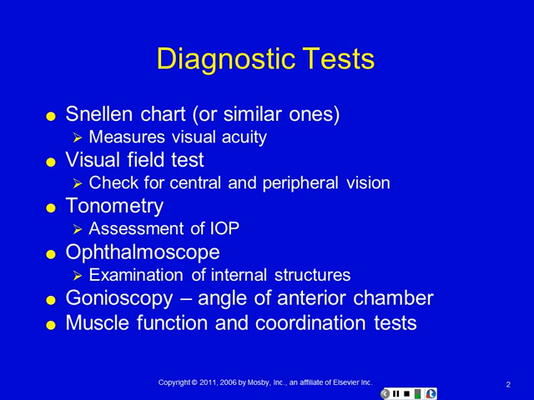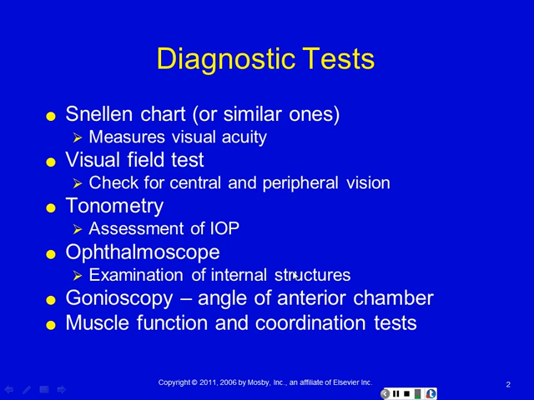We just can't see in a lot of detail off to the sides. Tonometry is everybody's favorite little puff of air into their eye, which most people really do not like, but it's very important because it is the way we measure intraocular pressure. So what we're looking for there is glaucoma, which we're going to talk about here in a little while. But that's what the little puff of air is about.